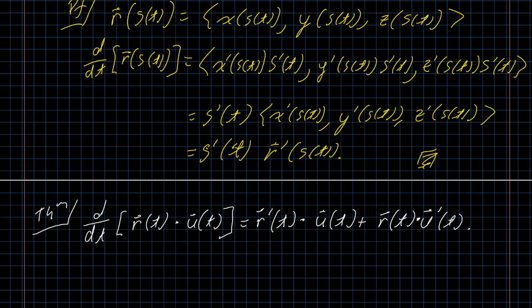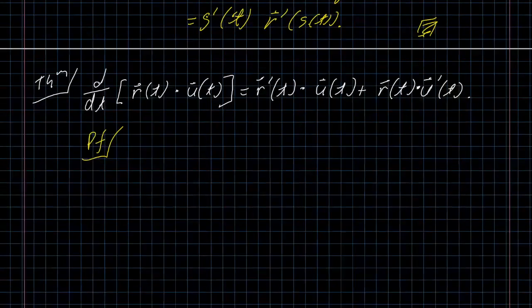Since we have R dot U, we will have R prime dot U and then R dot U prime. Again, it's the product rule for real valued functions, just a little bit different looking because we have a dot product showing up in there. But it's also a theorem, so we had better be able to prove it.